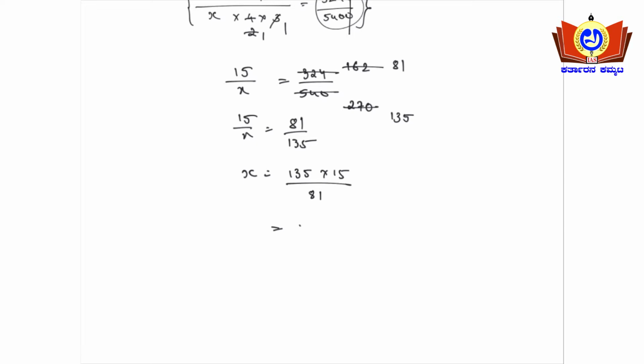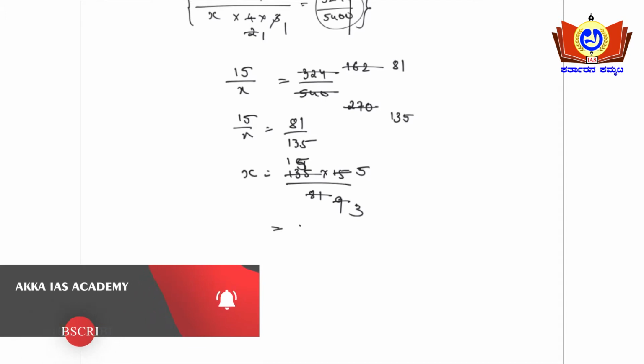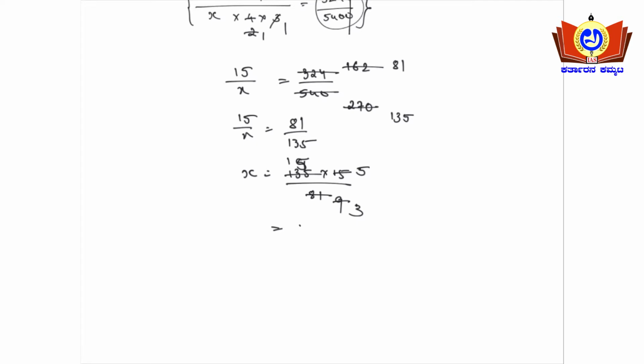Upon solving this, 9 9s are 81, then 3 3s are 9, 3 5s... I have made a mistake here. 3 1s are 3, 3 5s are 15, so 5 5s are 25. So X will be 25 here.